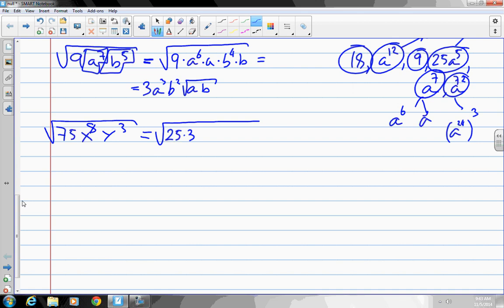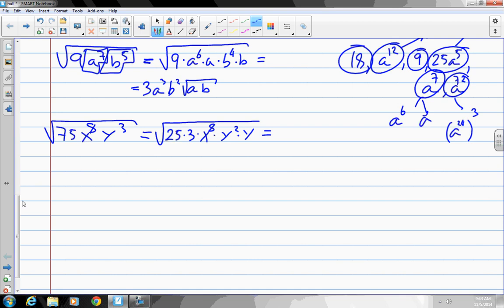Okay. So 25 times 3. Is x to the 8th power a perfect square? Yes, because again, all you look for is even exponents. How about y cubed? Is that one a perfect square? 2 and 1. So y squared times y.